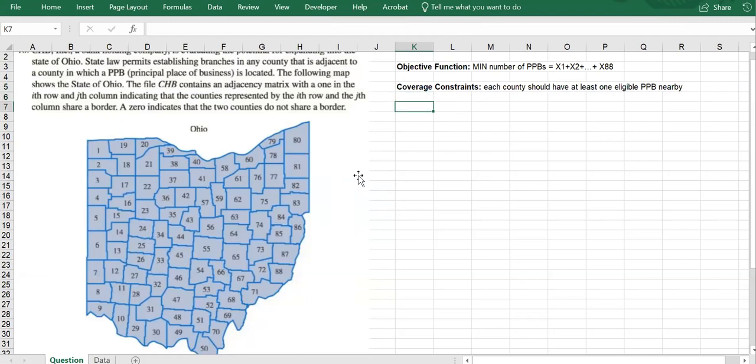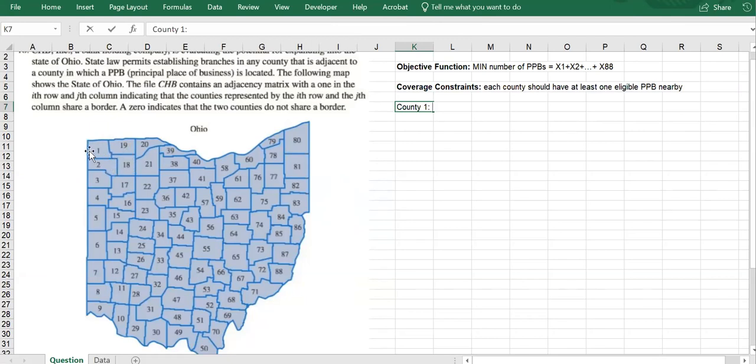So for county number 1, if you want to be able to cover county number 1, there has to be a PPB either in 1 itself or in one of its neighbors.